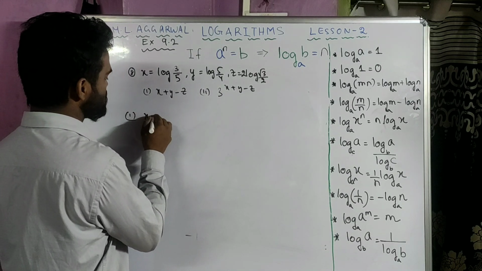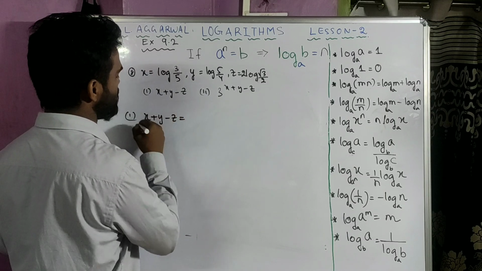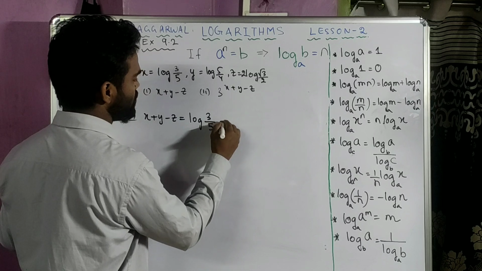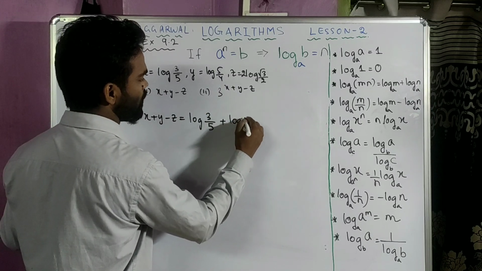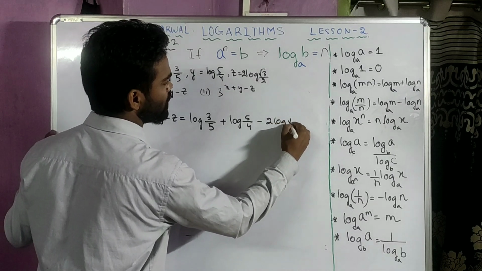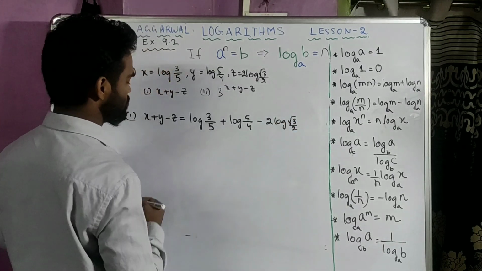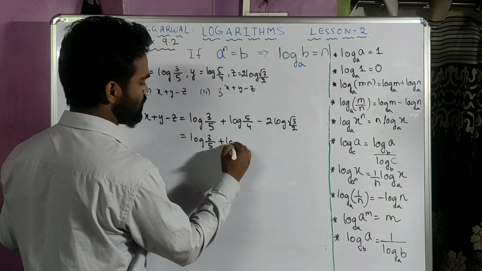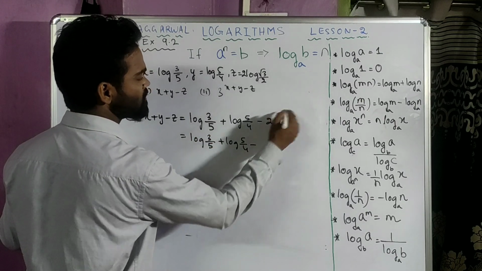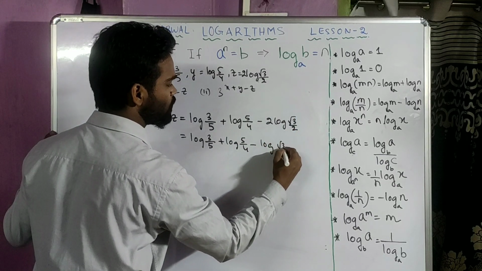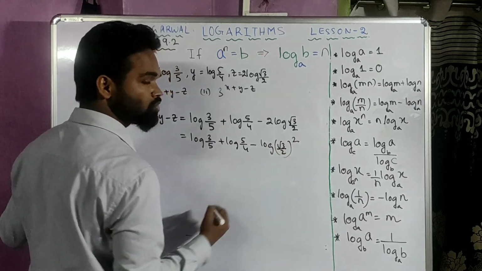First one, x plus y minus z. Can I write, instead of x, log 3 by 5 plus, this becomes log 5 by 4 minus 2 log root 3 by 2. Now this becomes log 3 by 5 plus log 5 by 4 minus, this 2 becomes square, so root 3 by 2 whole square.